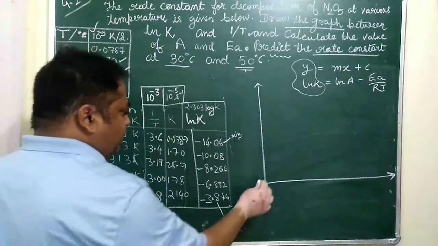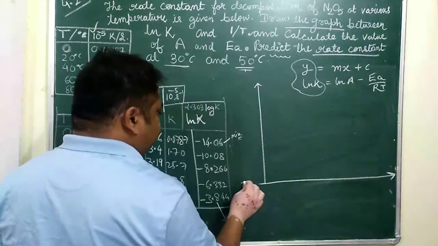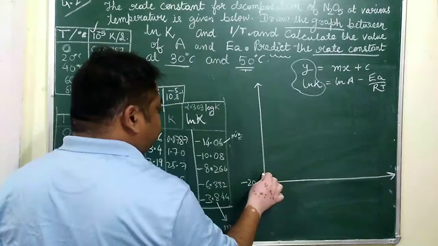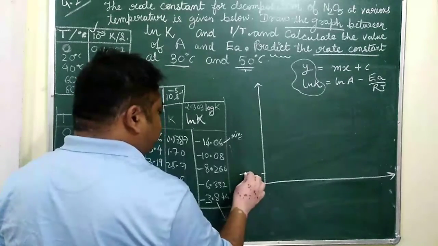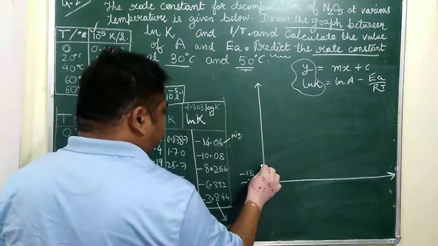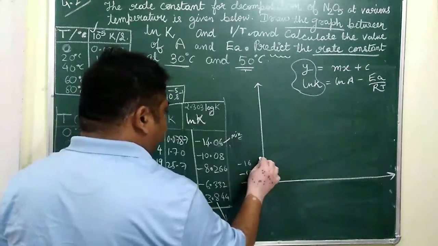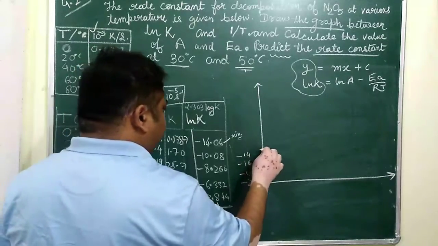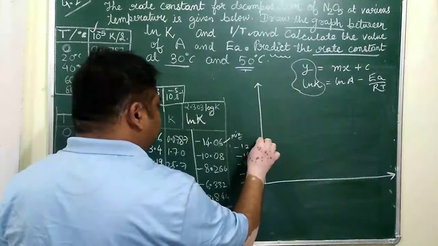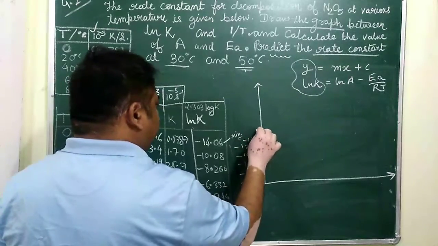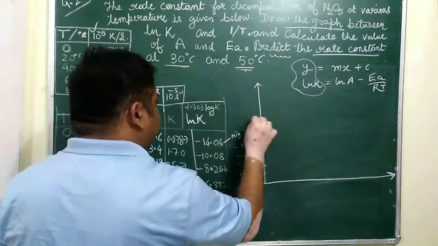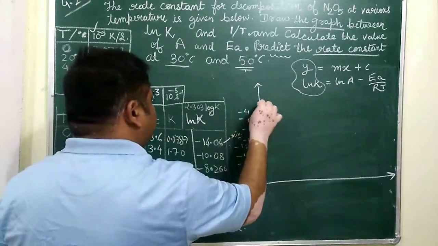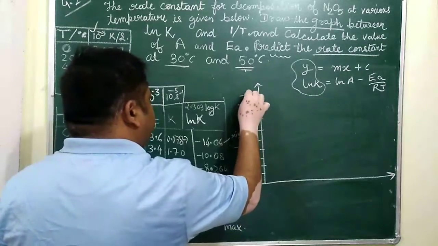So I have to start somewhere here from minus 20, then minus 18, minus 16, minus 14, minus 12, minus 10, minus 8, minus 6, minus 4, minus 3 and minus 2.